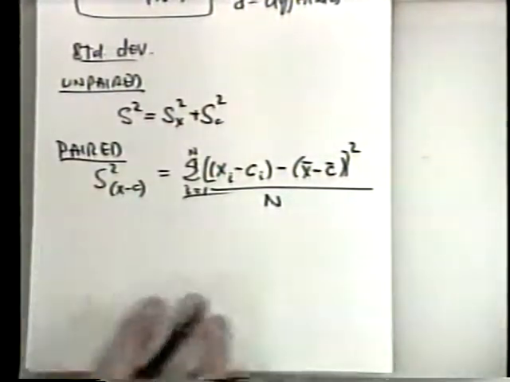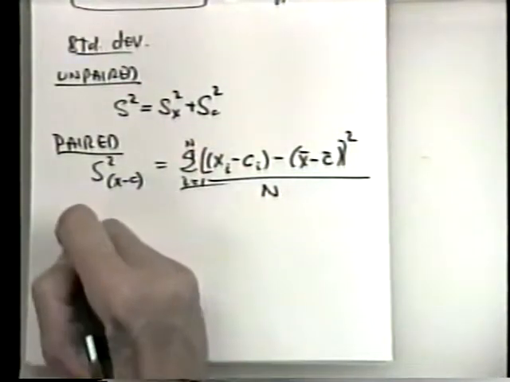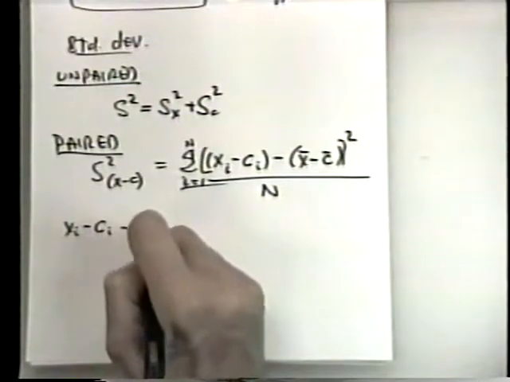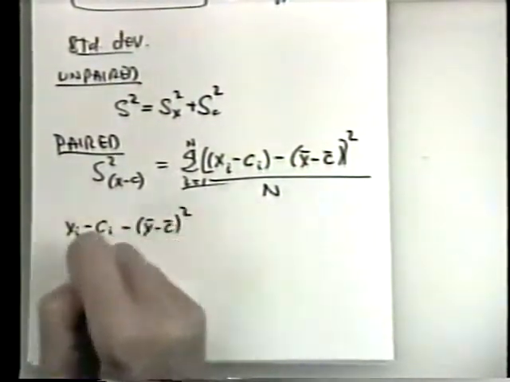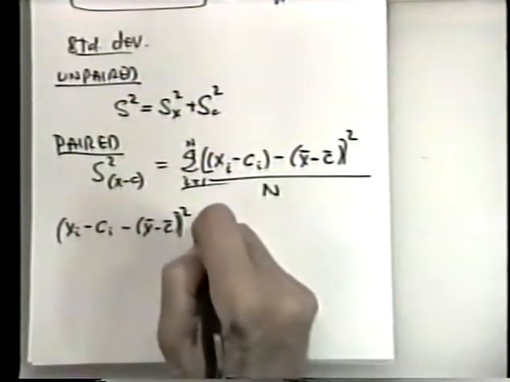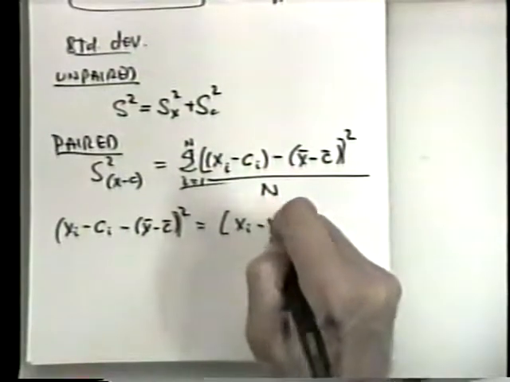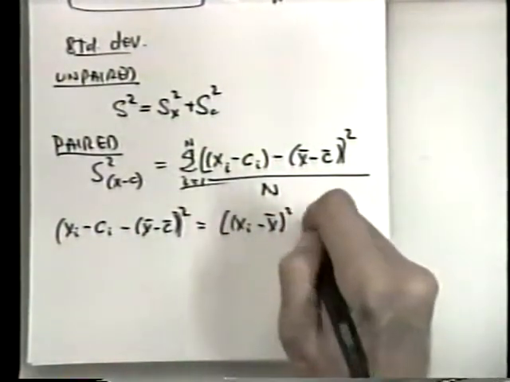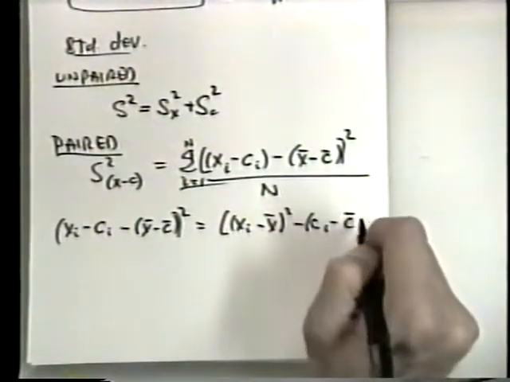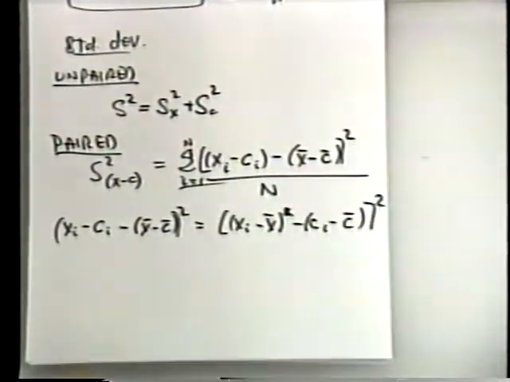So if I multiply this out, I can rewrite this a little bit as (xi minus ci) minus (x bar minus c bar), squared.